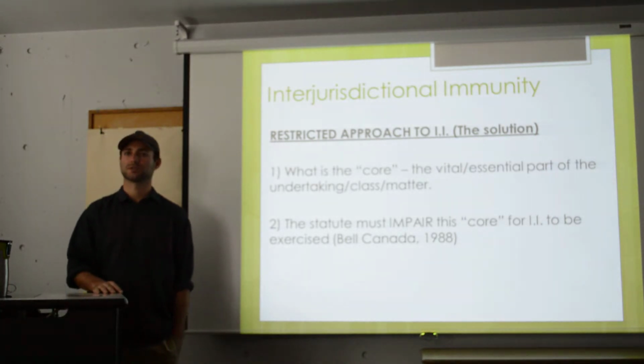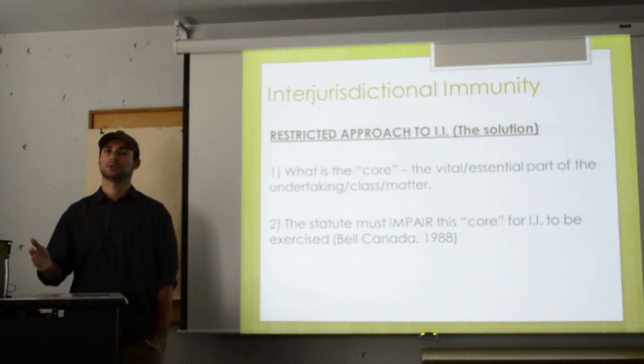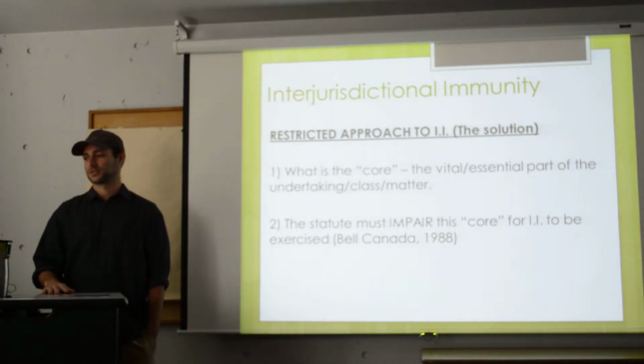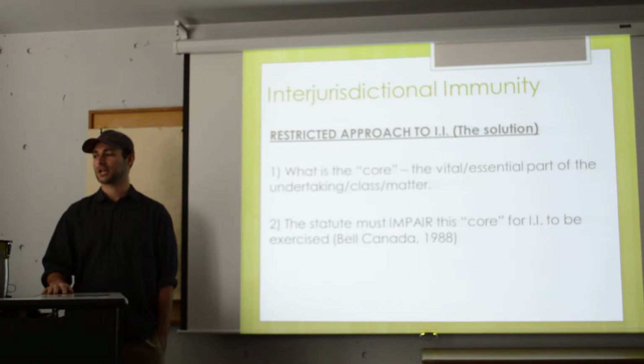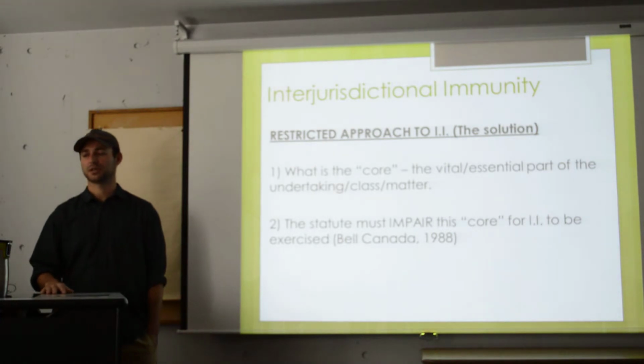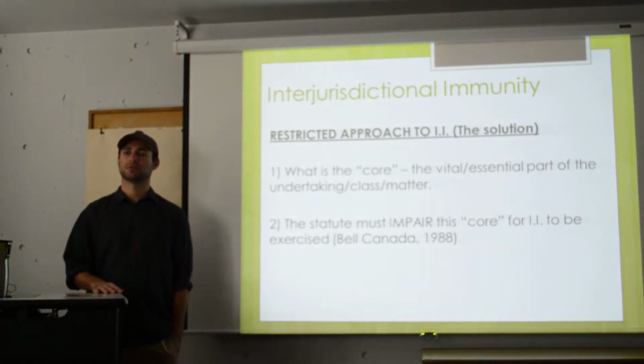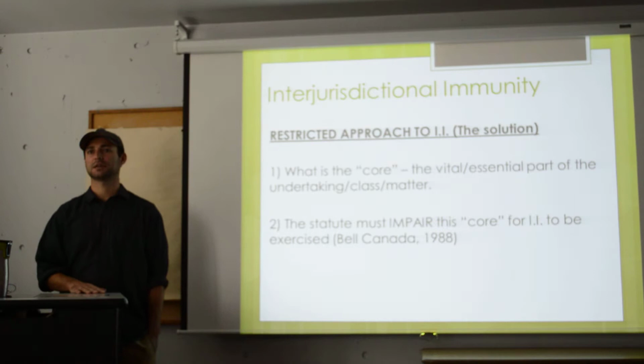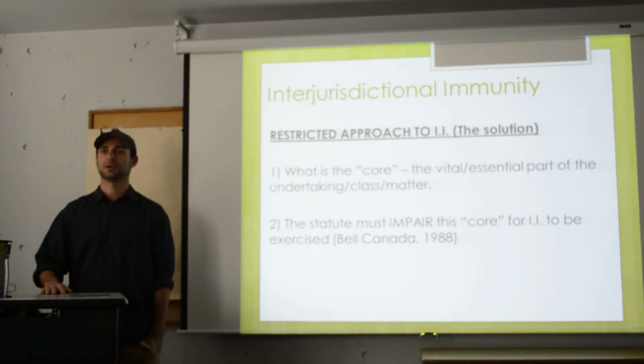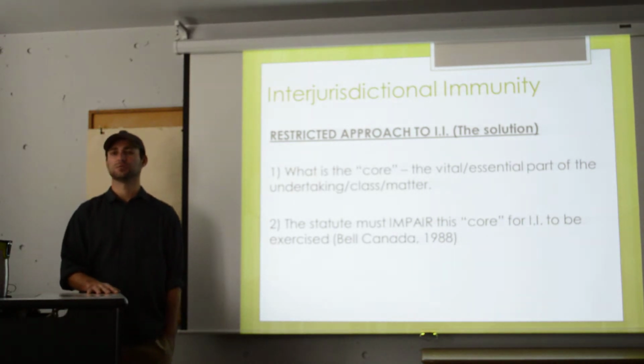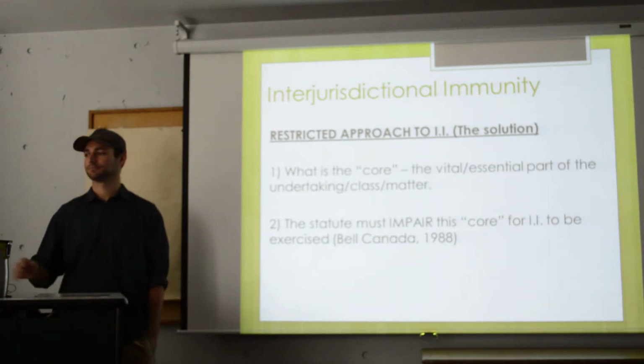So what is the core of banking, for example? And then the statute must impair this core for the interjurisdictional immunity to be exercised. So if there's an ancillary intrusion, then interjurisdictional immunity wouldn't apply.